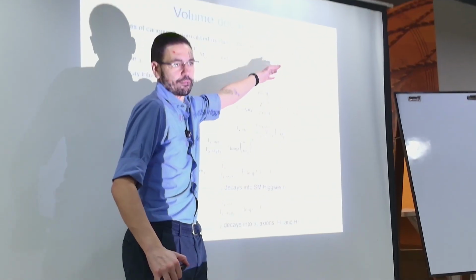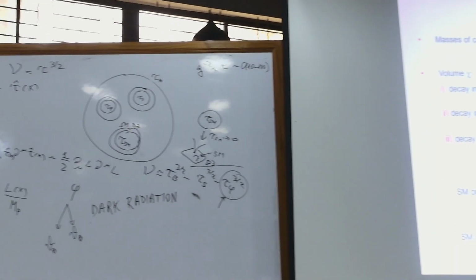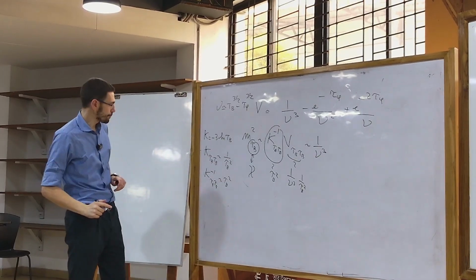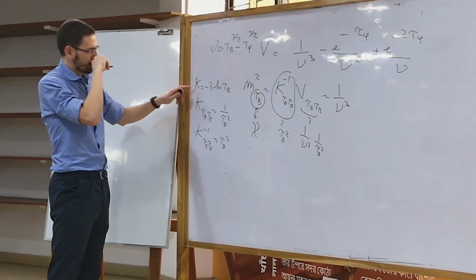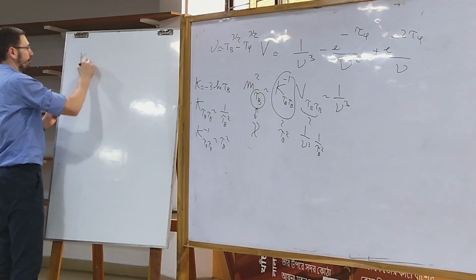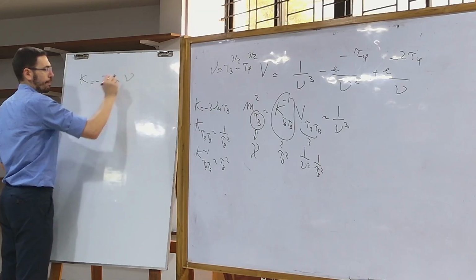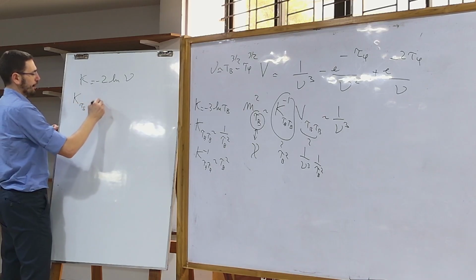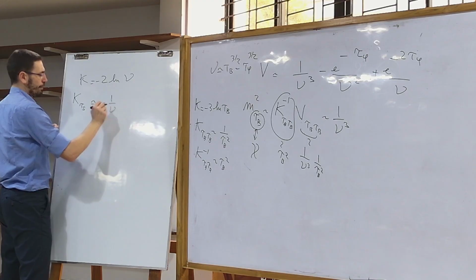Now I'm ignoring these square roots. If you try to do it with, instead, there was minus tau phi to the 3/2. You try to do it with this. Now, let's see. So the Kähler potential is minus 2 log of the volume. So when you do K tau phi, you get something that goes like minus 1 over the volume.